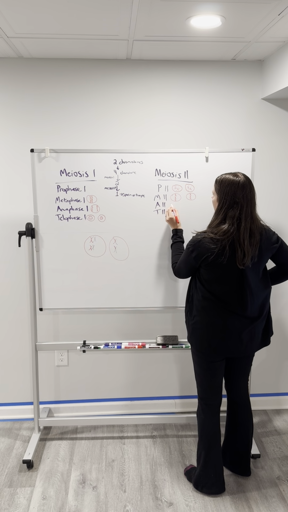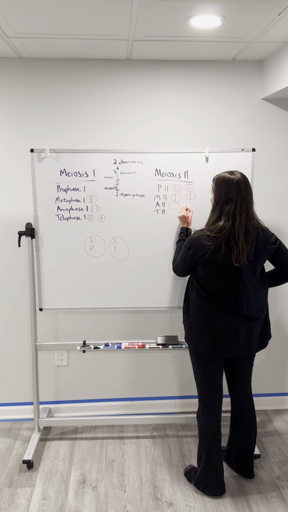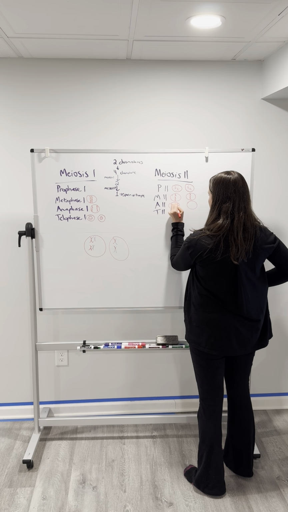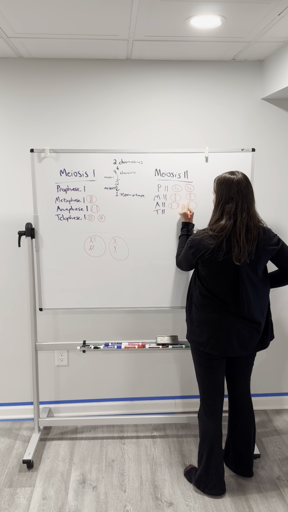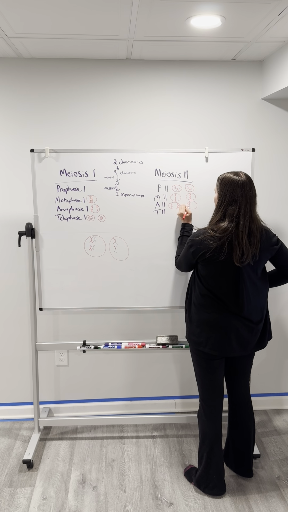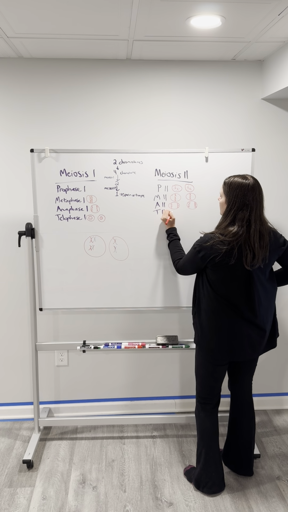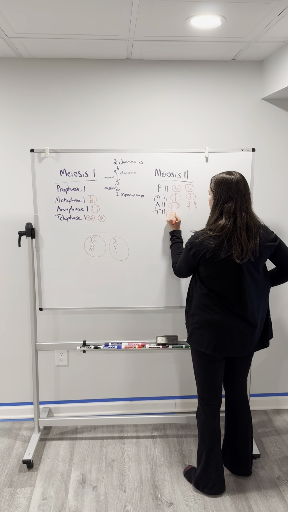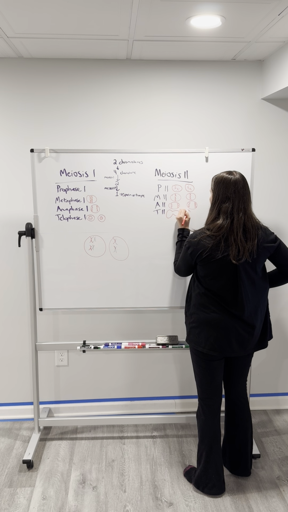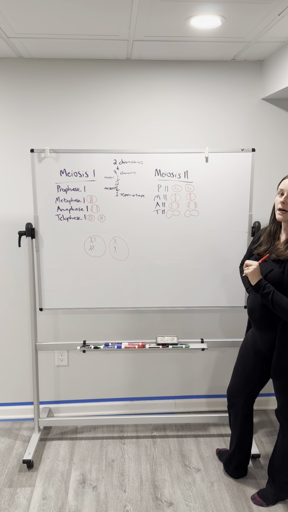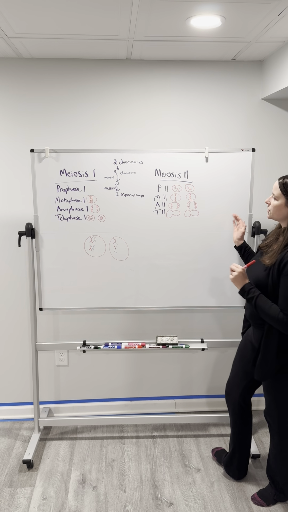Okay, and then anaphase 2, now our sister chromatids separate to opposite sides of the cell in both of our cells. Now we have 2 cells, right, from meiosis 1. And then telophase 2, these are all going to pinch apart, and then we're going to be left with eventually 4 cells, all with different genetic variation.